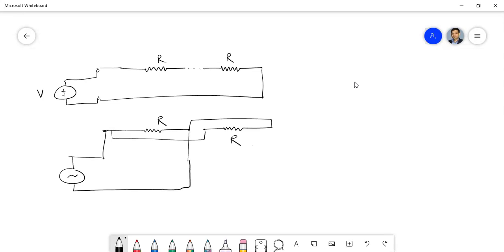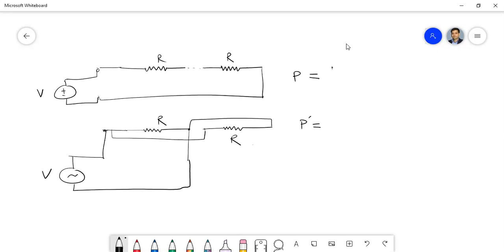Suppose in the first case, what will be the power loss? And in this case, what will be the power loss? Anyone? 2V squared by R. First one V square by 2R.